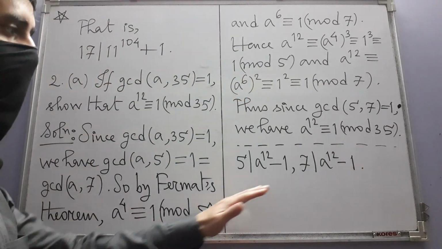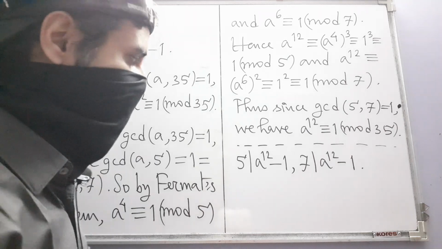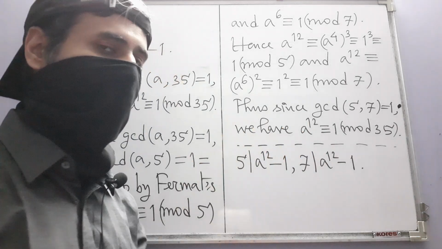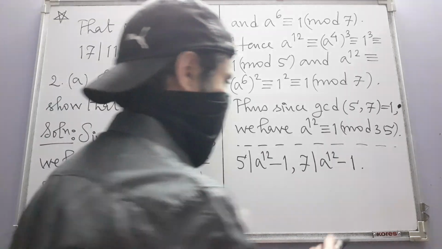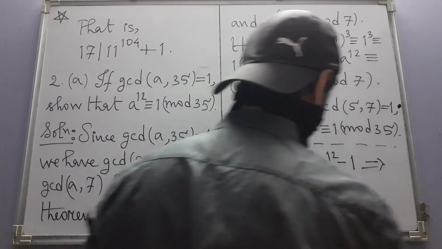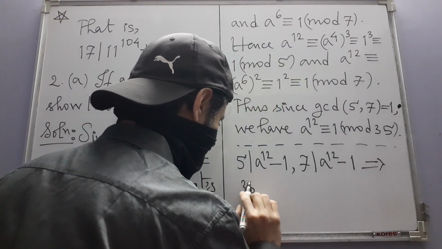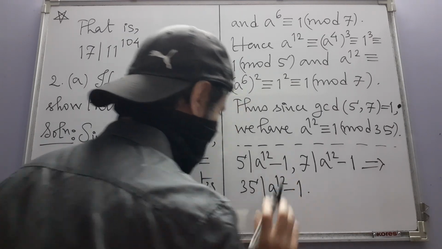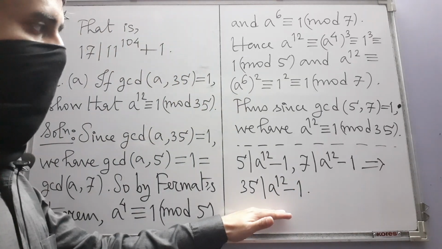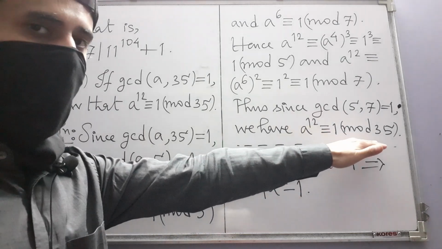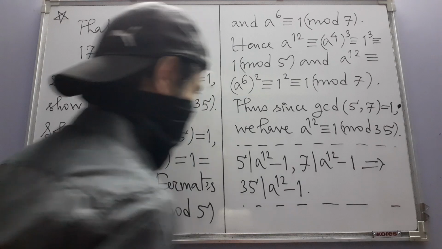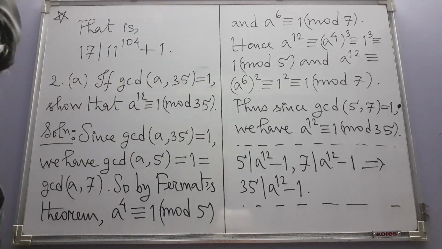And then a corollary to Euclid's lemma tells us that since 5 and 7 are relatively prime, their product will also divide the same number, which is just 35. And that, when you write it as a congruence, is this. That's how. Okay, so this is part A. Next, part B.